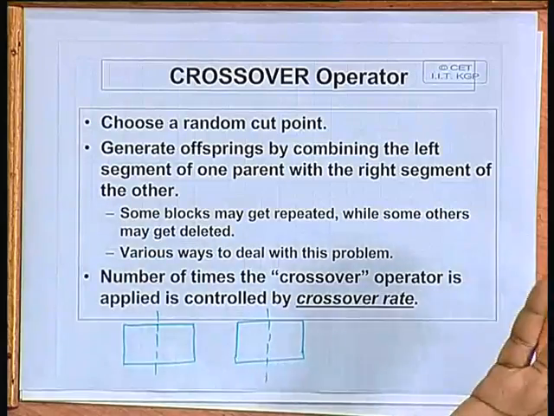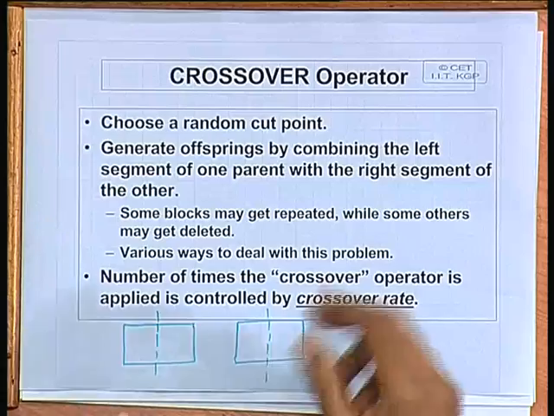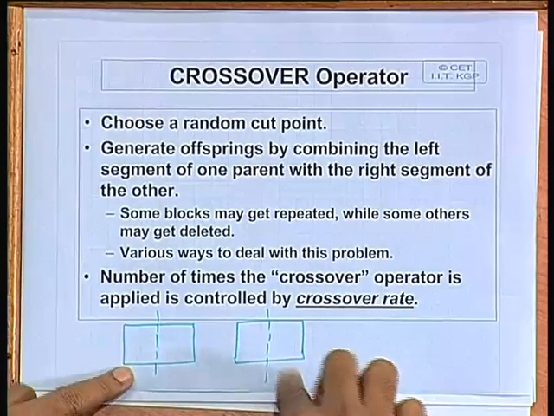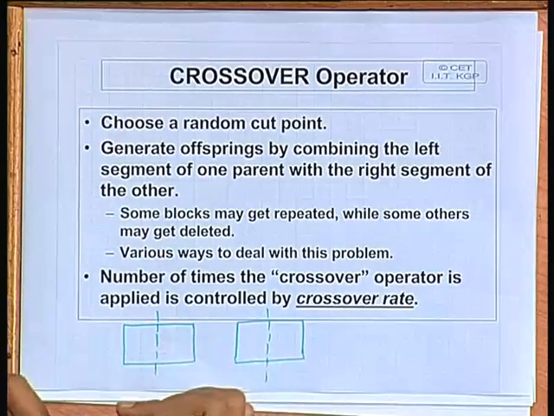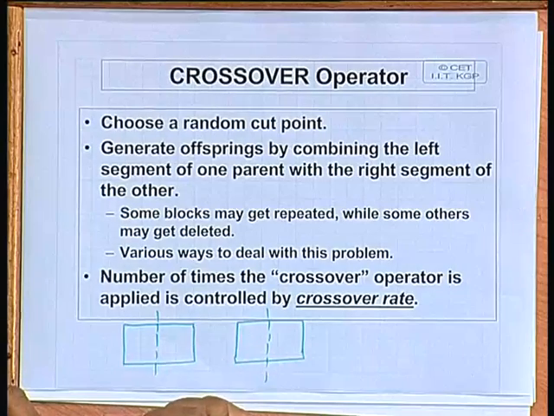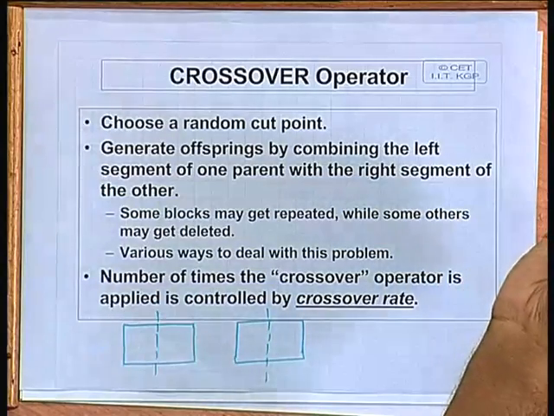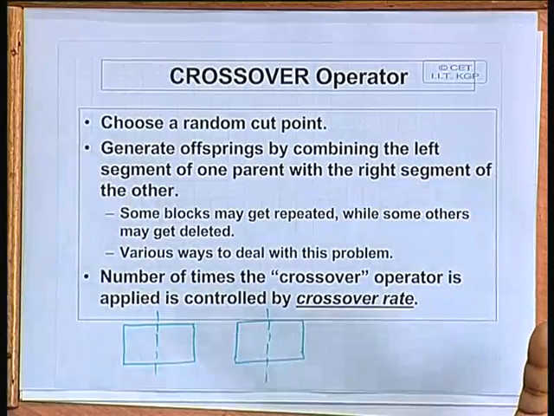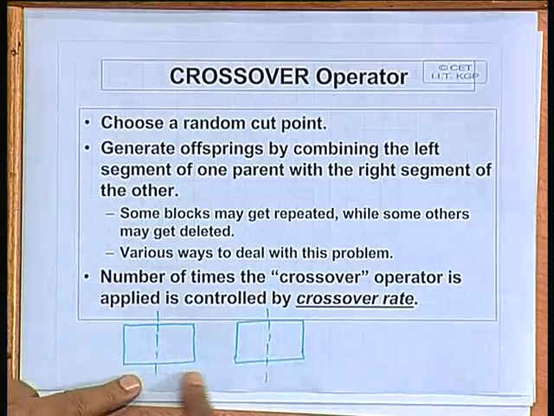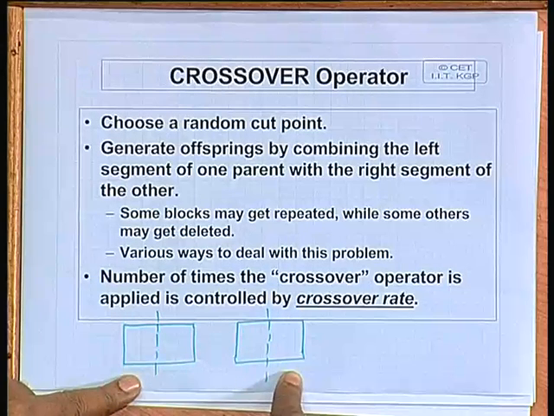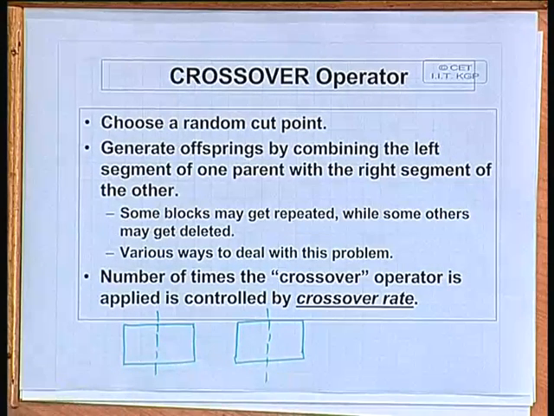Most of the crossover operations for genetic algorithm implementations do it this way. But for this placement problem, if we simply do this, it can lead to a solution which is not correct, because a particular block may be repeated in both the halves or some of the blocks may be absent. So, you will have to make a small refinement to this basic idea.